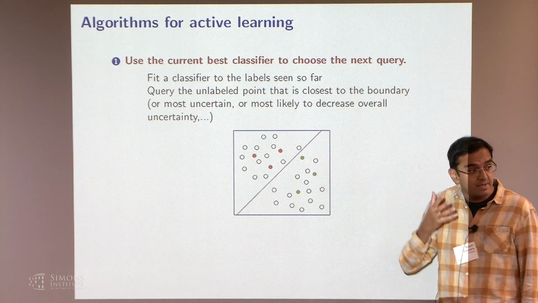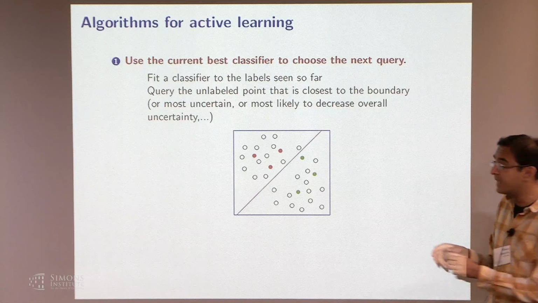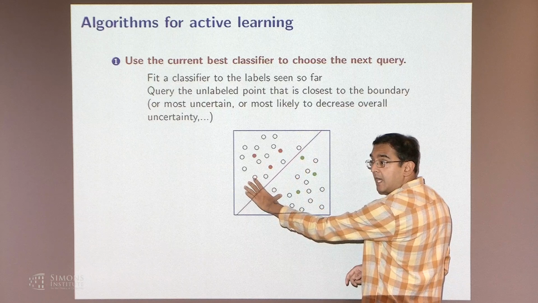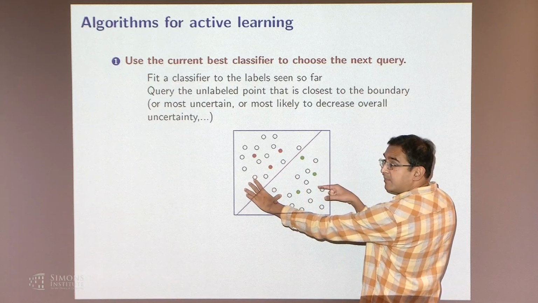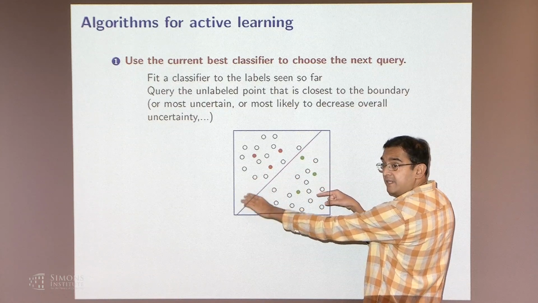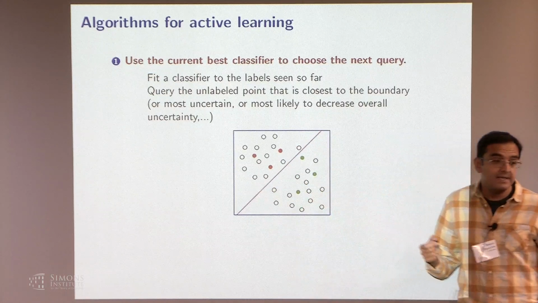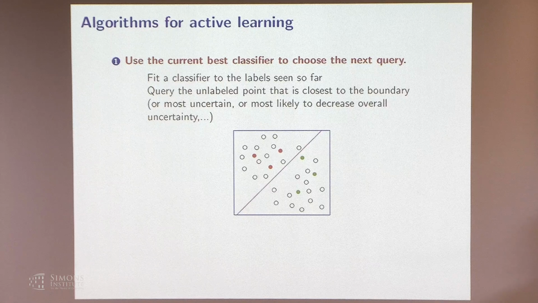Or sometimes it's more sophisticated, and you say, these are the points I'm uncertain about, the points near the boundary, so let me ask for a label that is likely to reduce the uncertainty on these points. But the high-level idea is that you're committing to a particular classifier, and you're using it to assess what the uncertain points are and what the certain points are. So these are the practical schemes.